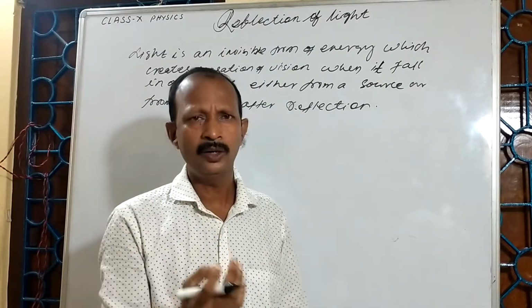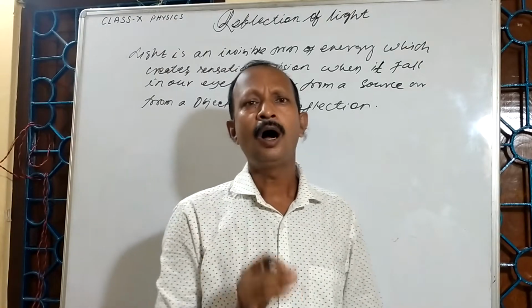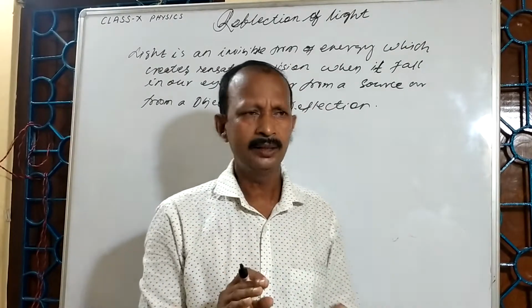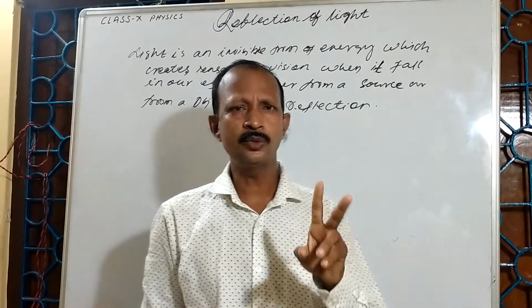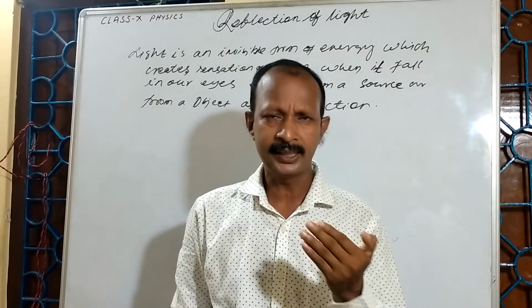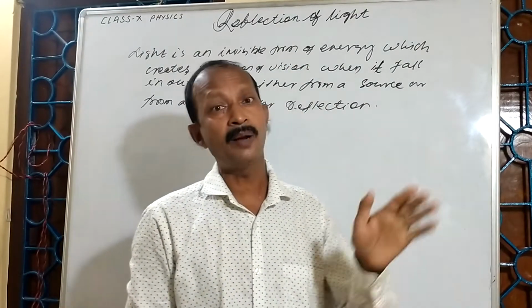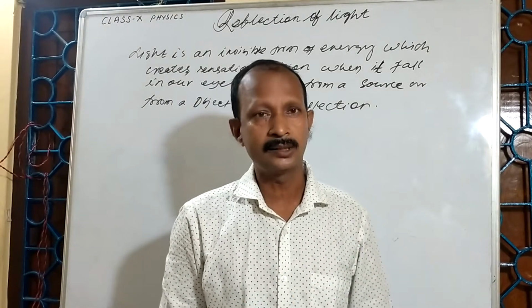When the reflected light enters our eye, I am able to see the object. So there are two cases in which we can see an object: if the object itself is a source of light, or if the object reflects the light coming from other sources.